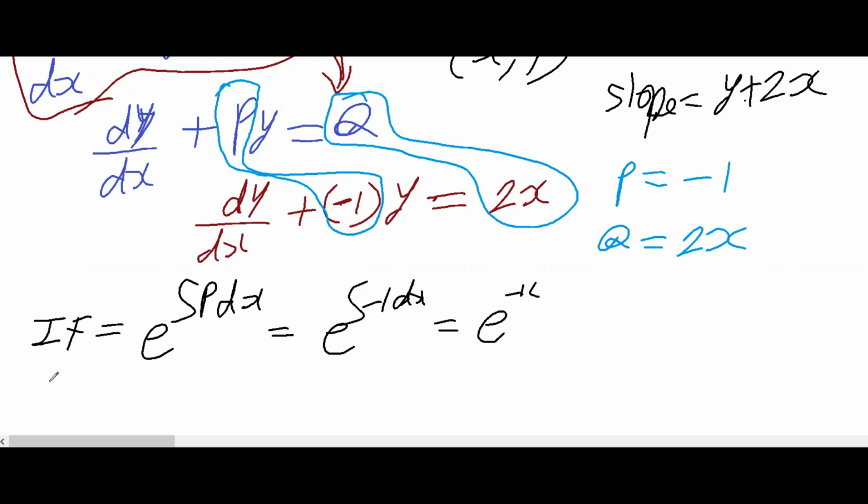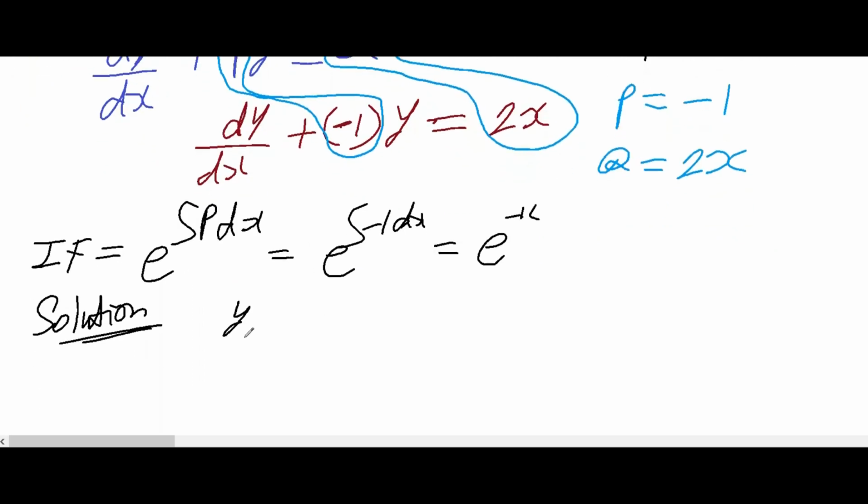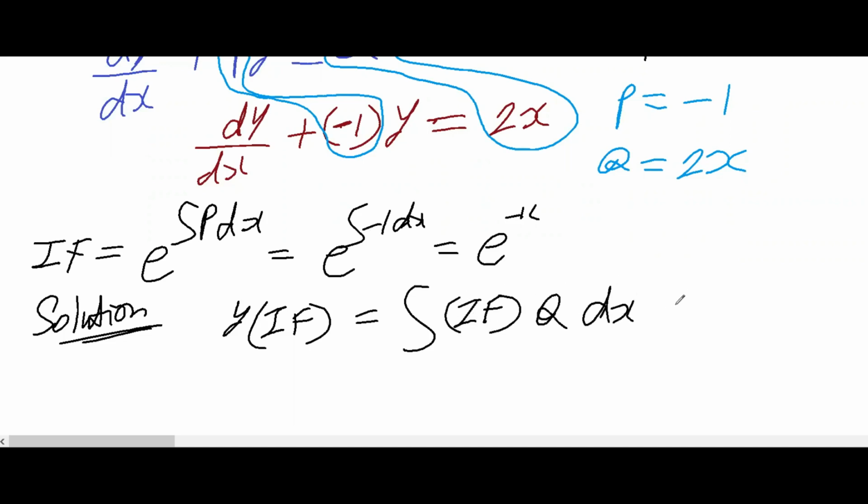Okay, and what is the third step? The third step is the final step, that is the solution. The solution will be y into integrating factor is equal to integration of integrating factor into Q dx plus constant c.